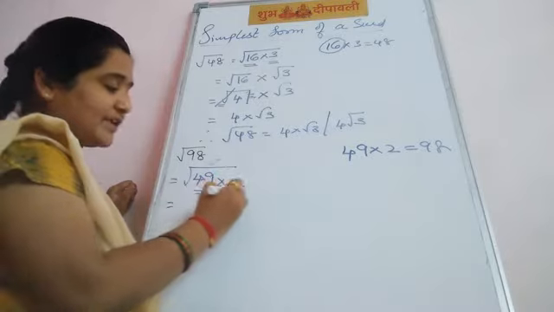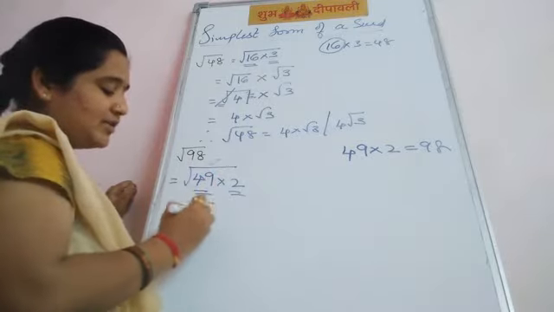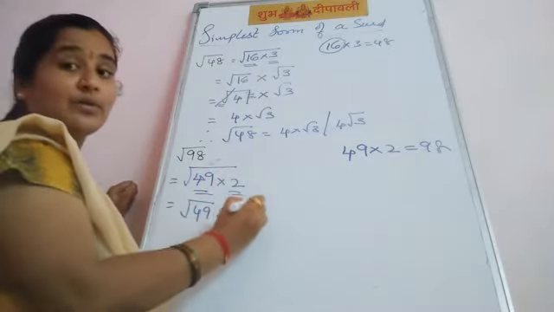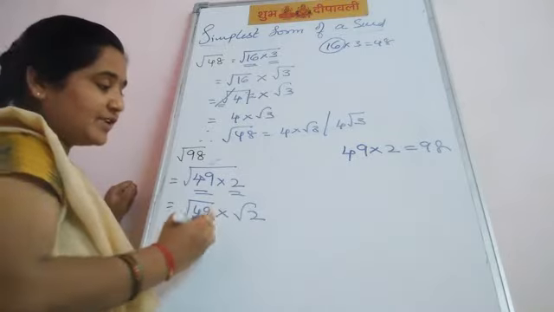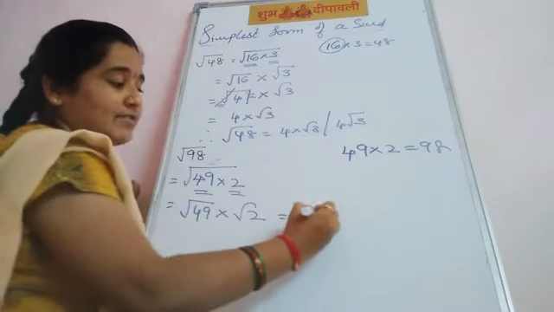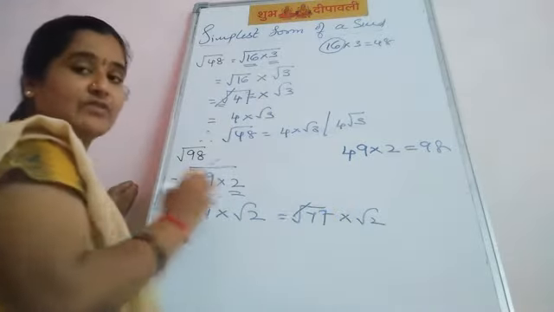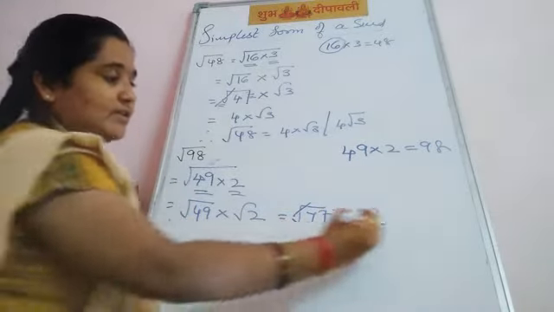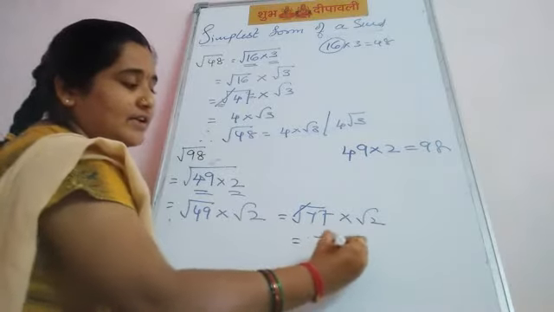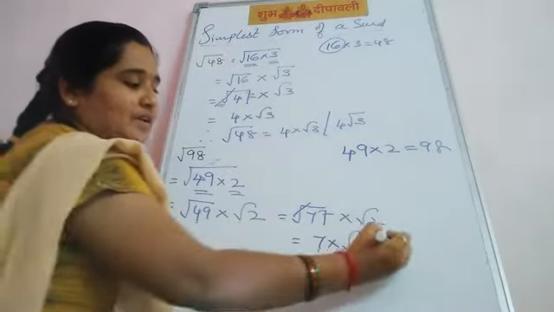Now you separate these two: under root 49 into under root 2. This 49 can be written as 7 square, into root 2. Square and square root get cancelled, equal to 7 into root 2.